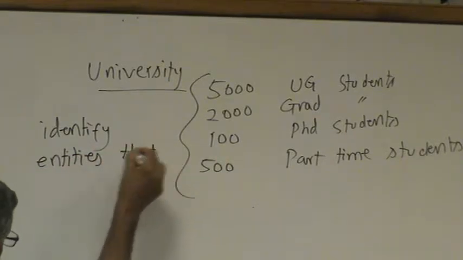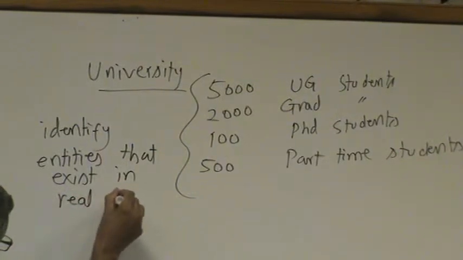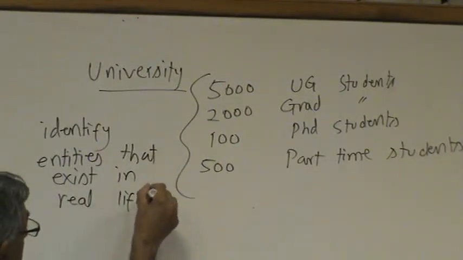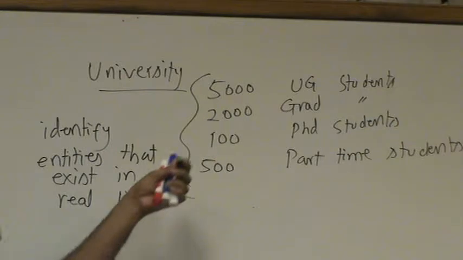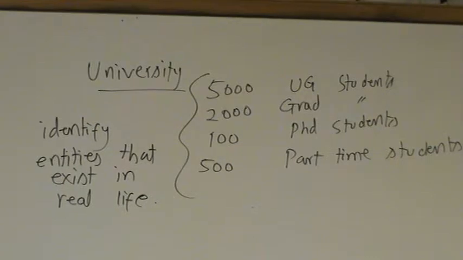For example, in a university, these are the objects or entities, or however you want to think of it. These are the real things that ultimately we need to store data for, right?